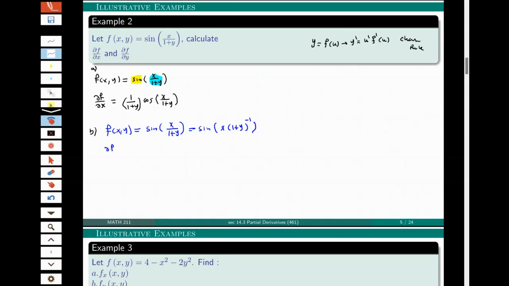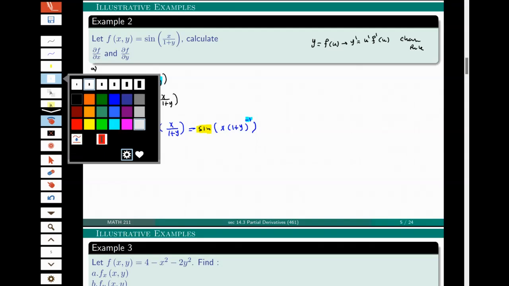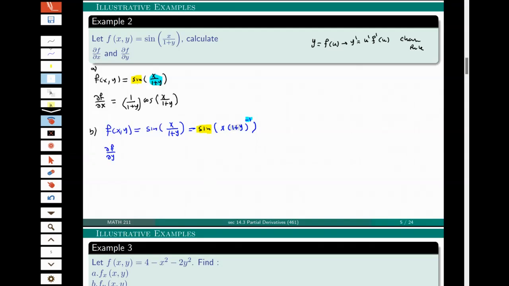Because when I want to differentiate f with respect to y, first we have sine, and inside the sine I have the angle, and inside that I have 1 plus y, whose derivative will be 1. So when I take the derivative, the derivative of sine is cosine of x over 1 plus y. And what's the derivative of 1 plus y raised to the power minus 1, which is the derivative of the angle?